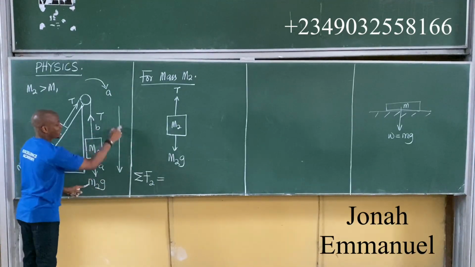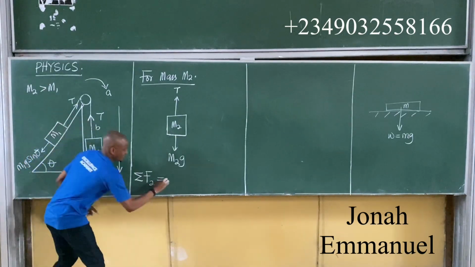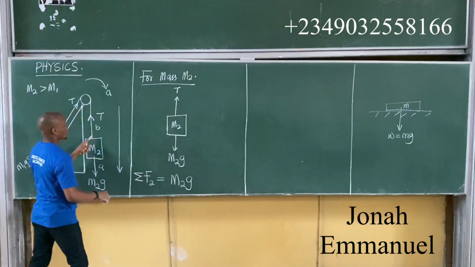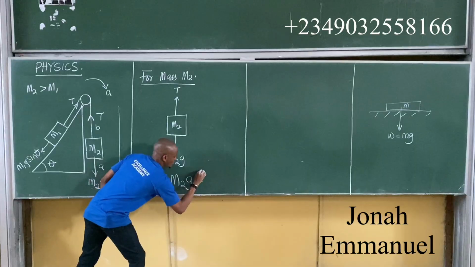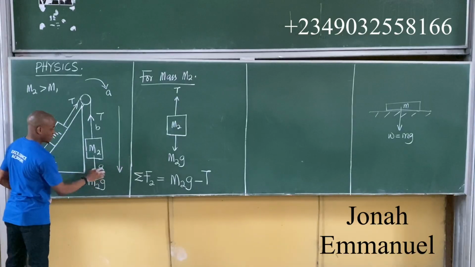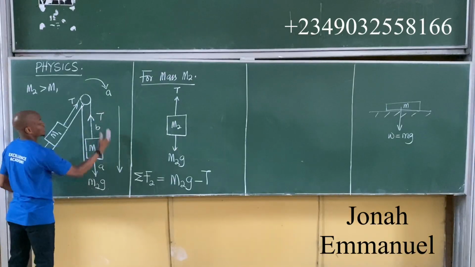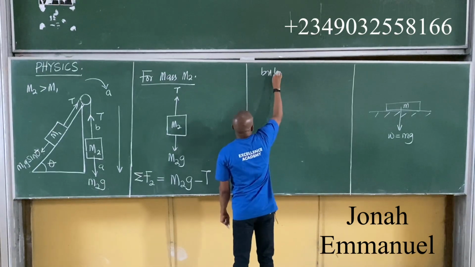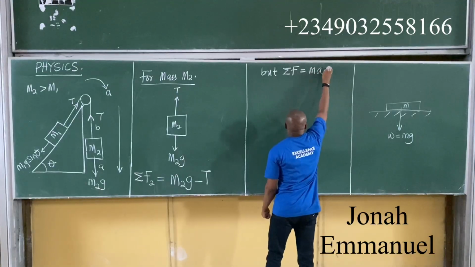M2g is going in the same direction as the motion, so it becomes positive, M2g. Next, I have T. T is going in the same direction or the opposite direction? So it becomes minus T. That's all. This body is falling this way. This one is going in the same direction, positive. This one is going in the opposite direction, negative.